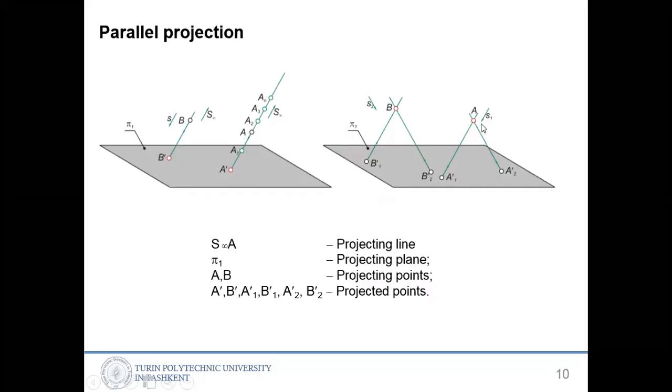Here two rays are given, S1 and S2, and points A and B. A and B can be projected in parallel along S1 as A1 dash and B1 dash, and if you use ray S2, that will generate A2 dash and B2 dash.